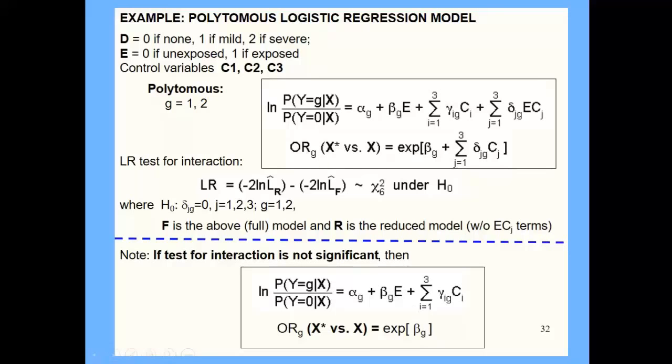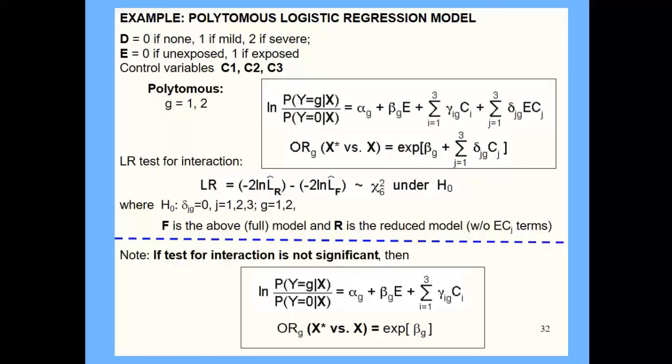And in this reduced model, the formula for the odds ratio is just e to the beta, but there are several betas. There are 2 betas in this case, if you've got three categories, and so you've got 2 G's to deal with. So this is sort of a review or a summary of what you would get out of polytomous logistic regression. Okay? You follow that?